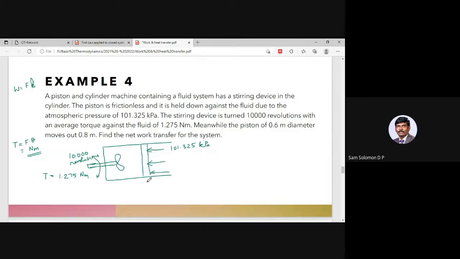Meanwhile, the diameter of the piston. So let me say D suffix P, D for diameter.